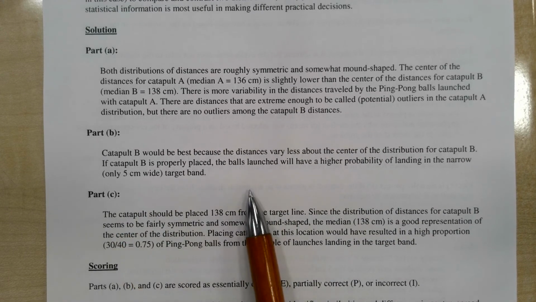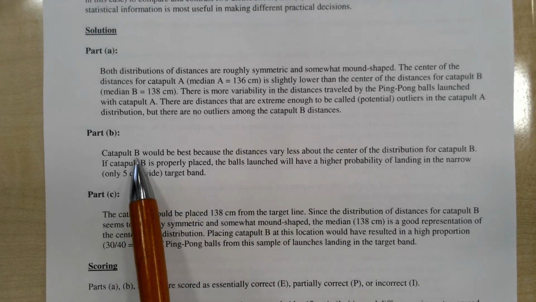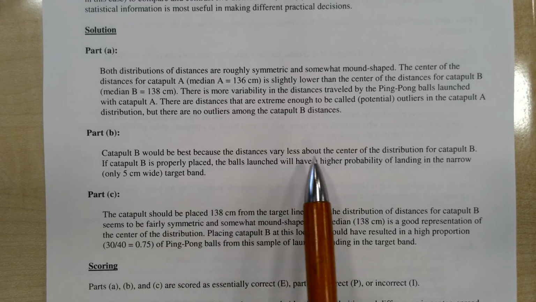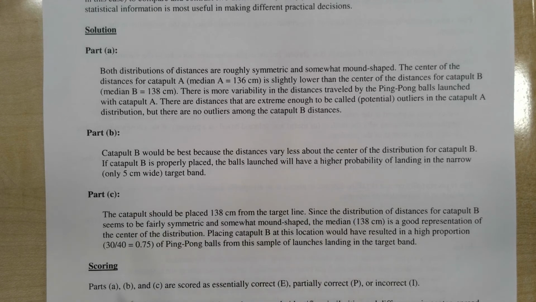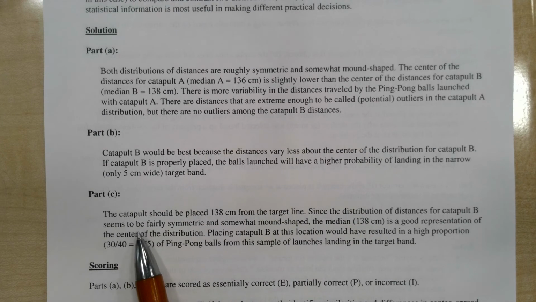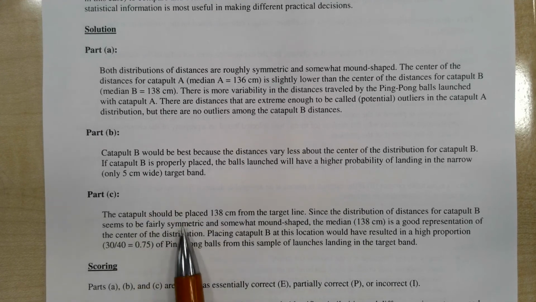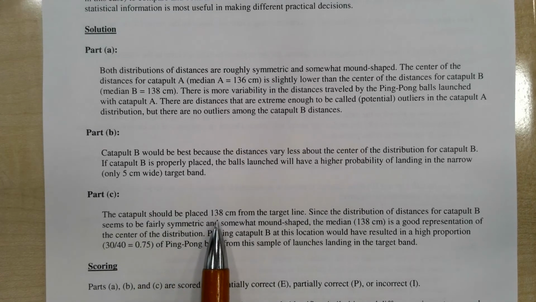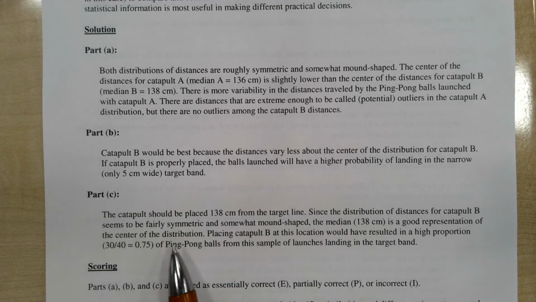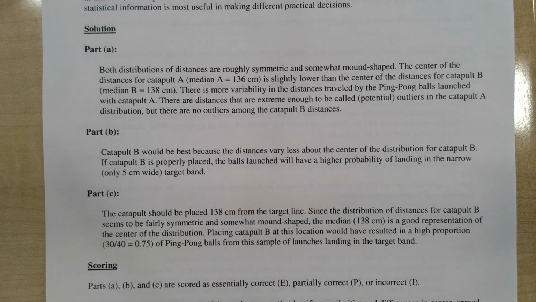And then part B, Catapult B is best because the variability is very less. That's what we talked about. And then the last one, if you use Catapult B, then we should be placing it at 138 centimeters. This is the median, and it's a good representation of the center. Sometimes it's possible the median wouldn't capture the most, depending on the shape of your graph, but in this case it would.